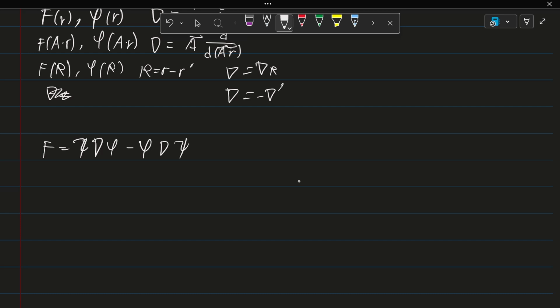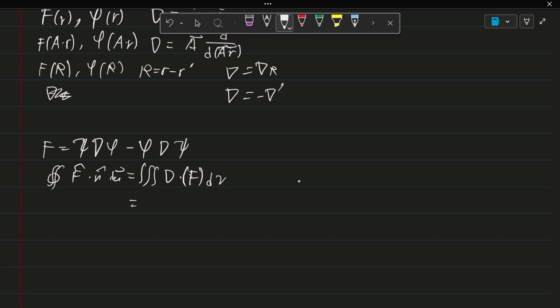If you try to do the surface integral of such a value, you could just use the Gauss theorem to get the triple integral, or the volume integral, of this value here.